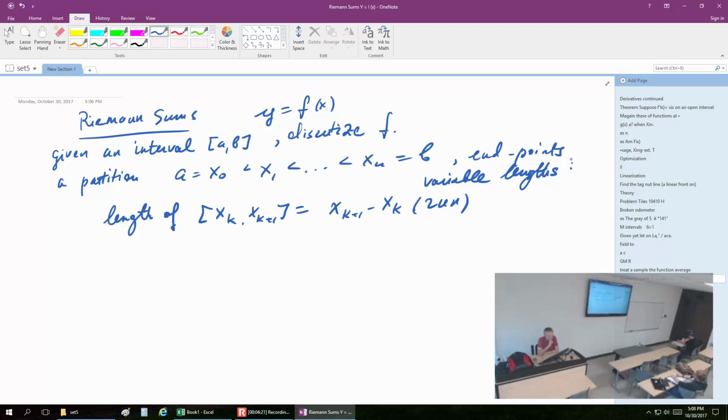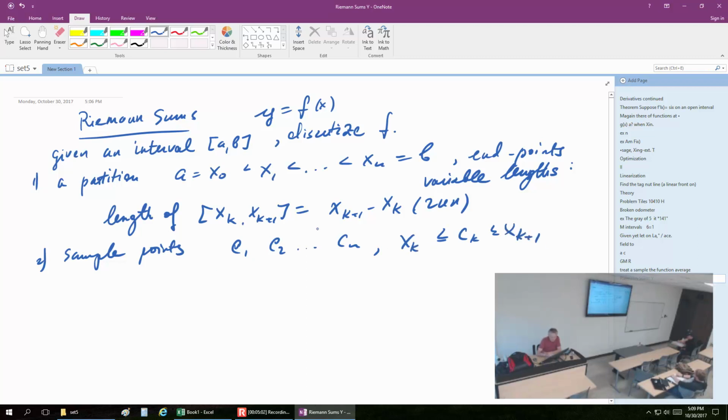The rise will also be obvious, but the question is where the value will be assigned, and the value is assigned at sample points. That's where the values come from to begin with. So we have sample points in each piece of the partition: c1, c2, cn, and each of them lies between, like ck lies between xk and xk plus 1.